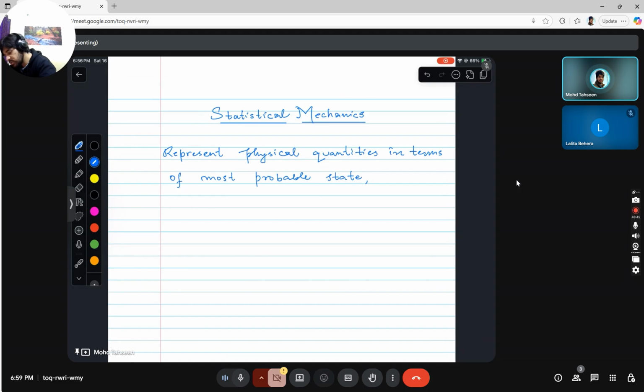And this most probable state is what's called the equilibrium state of the system.